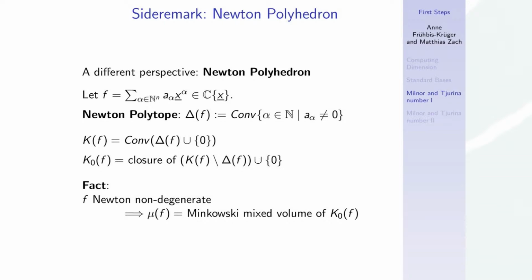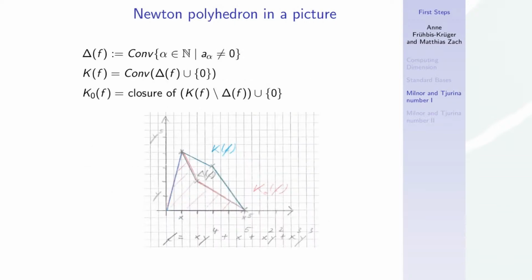For that K0, the Minkowski mixed volume, which is an invariant of polytopes, then gives you precisely the Milnor number, of course only if F is Newton non-degenerate, which is something I'm not going to go into detail for. But for this construction, I want to give you a drawing.